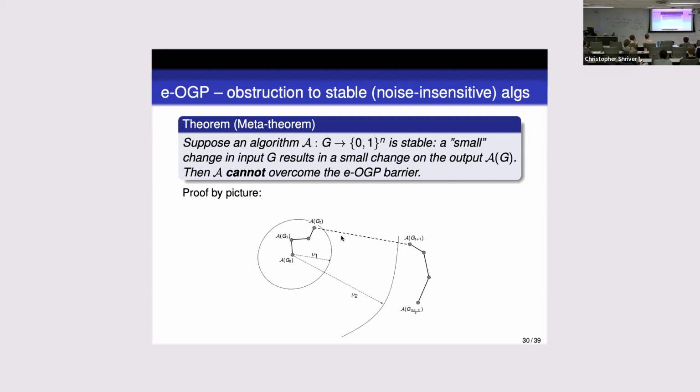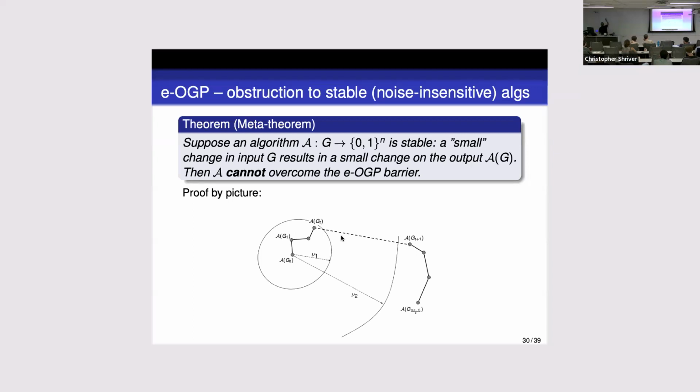Here's a proof by picture, and I will reproduce this proof on the board in real time, because pictures are small and not very dynamic. So let me just describe what it is.